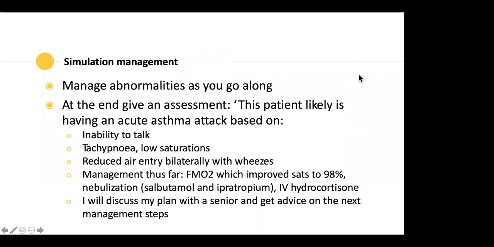And then also mention that you give IV hydrocortisone. So as it happens in the station, mention your management, because then this avoids you having to remember everything, and you might forget things at the end. So as it happens, say what you're doing.